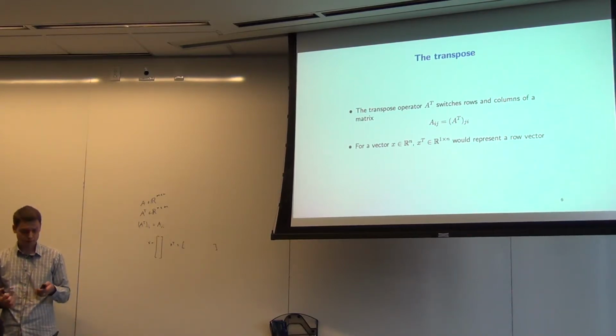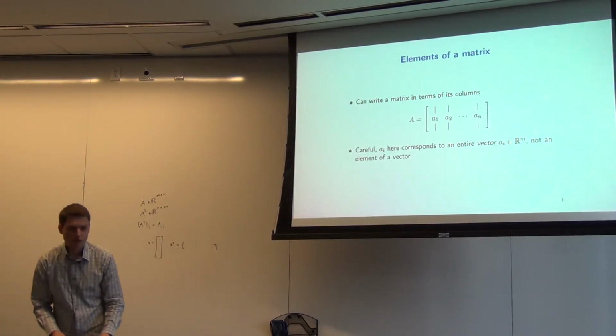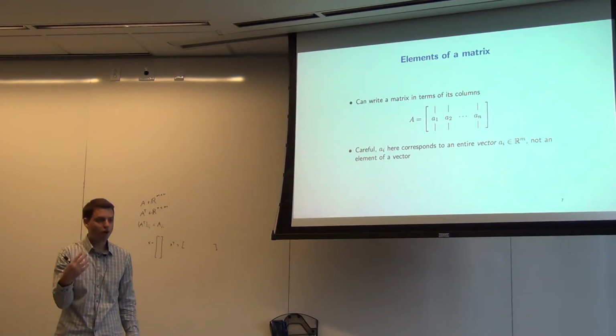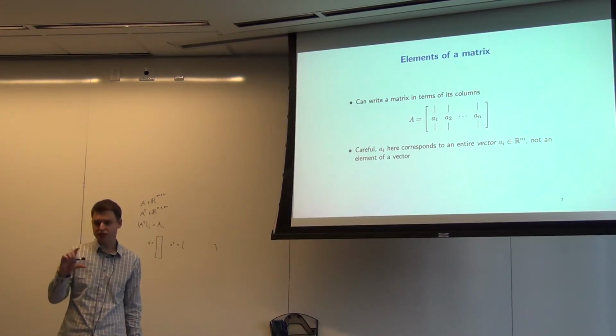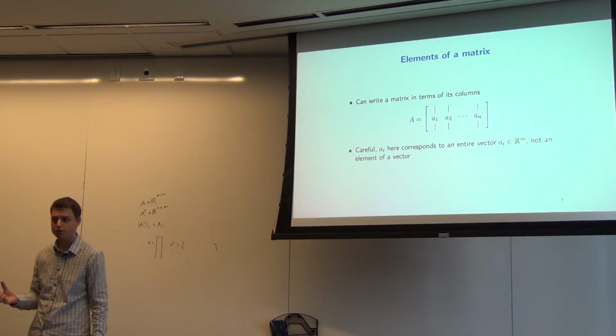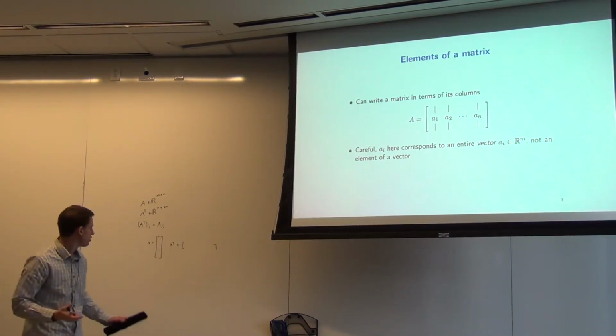Now, one thing that's important in this class, especially when we write things in matrix form, is thinking about a matrix in terms of its rows or its columns. We'll often want to write it that way.